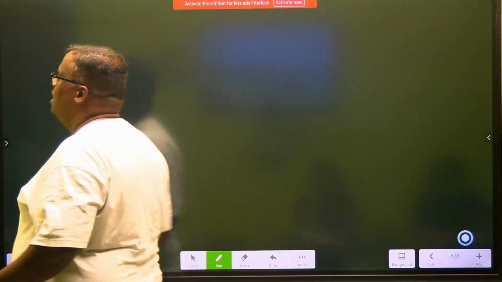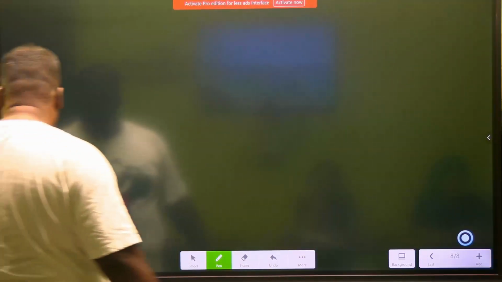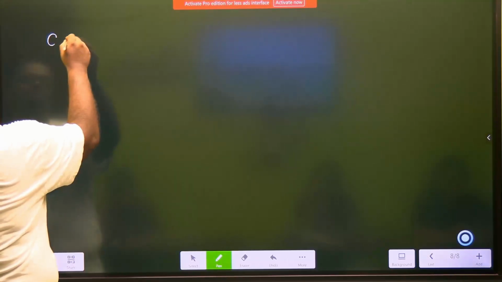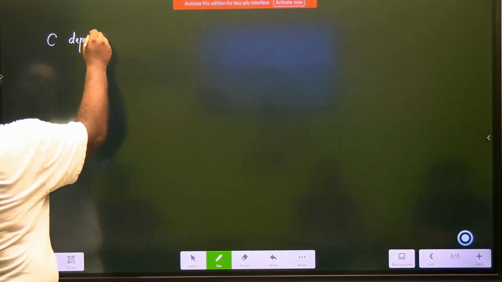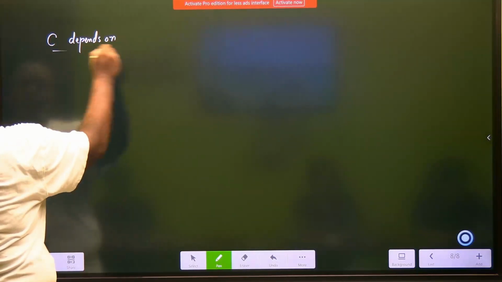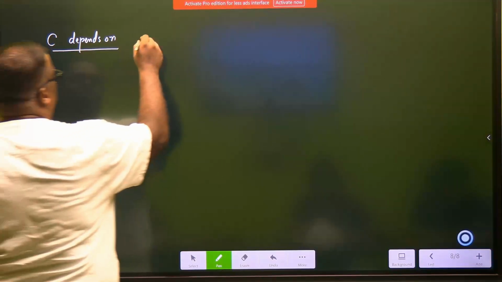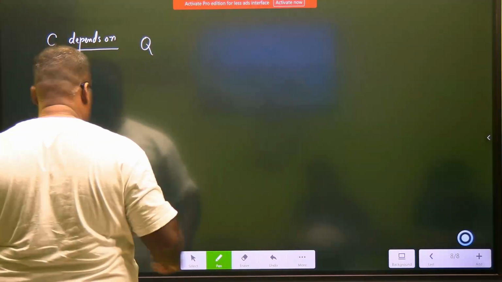You might be thinking that the size of the plates matters and all. No, not at all.